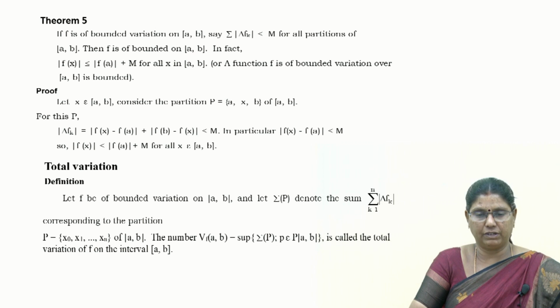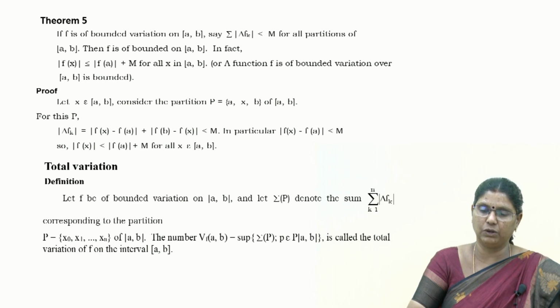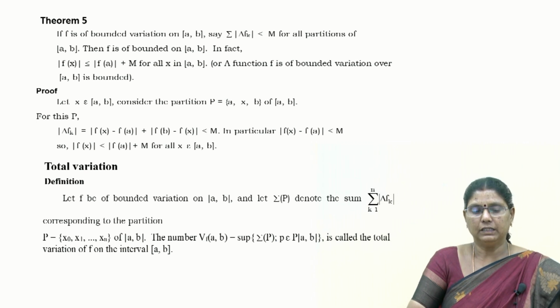So, whenever a function is of bounded variation, it is bounded. Now, total variation. Let f be of bounded variation on the closed interval a comma b, and let summation of p denote the sum of modulus of delta f k corresponding to the partition p: x naught, x1, etc. xn of the closed interval a comma b.